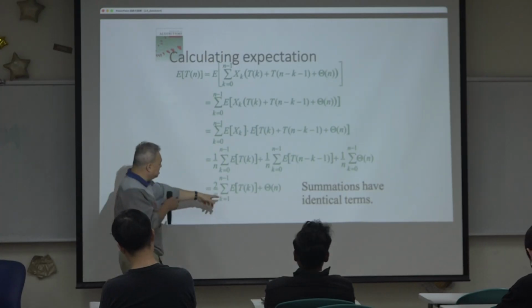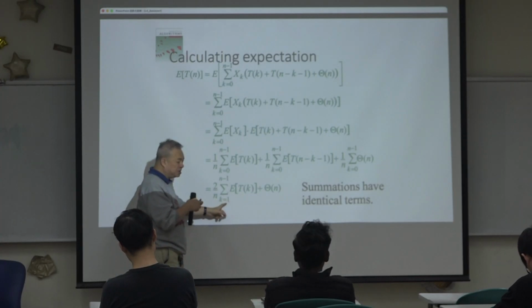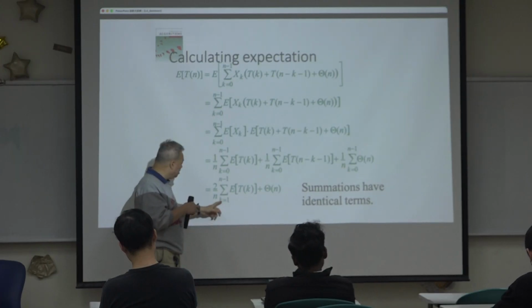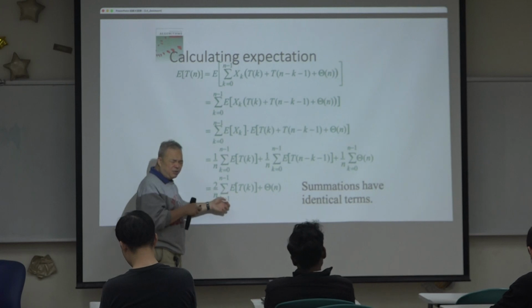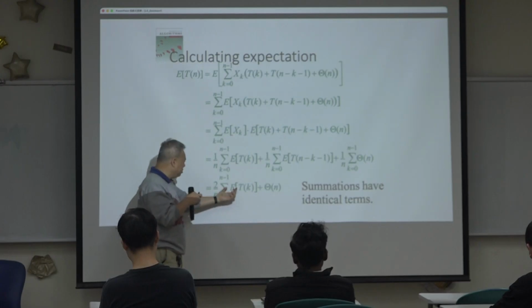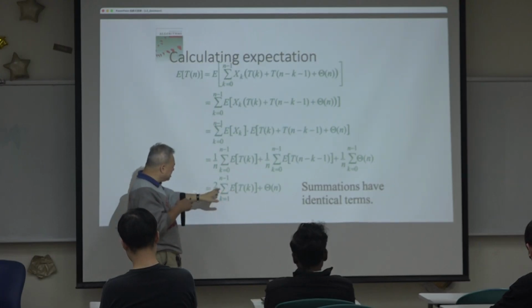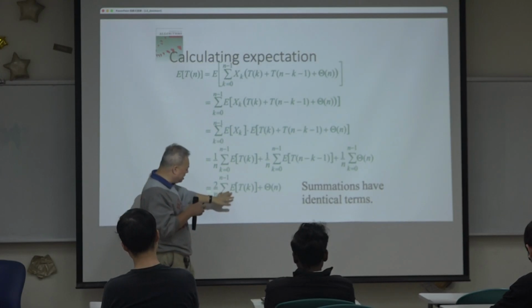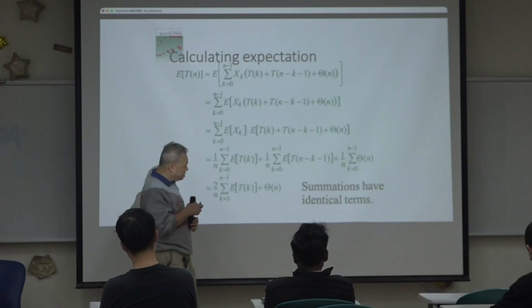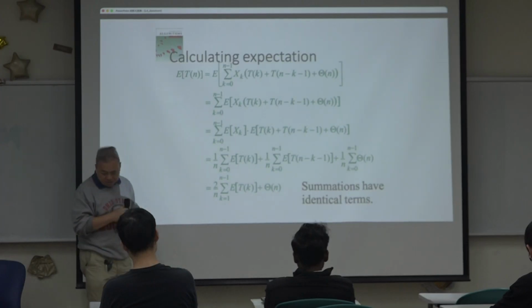This should be k from 0. Okay, but whether the index starts from 0 or from 1 doesn't matter, because for those small terms, they can be solved by this linear order easily.